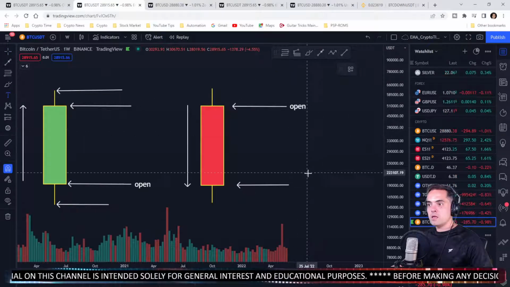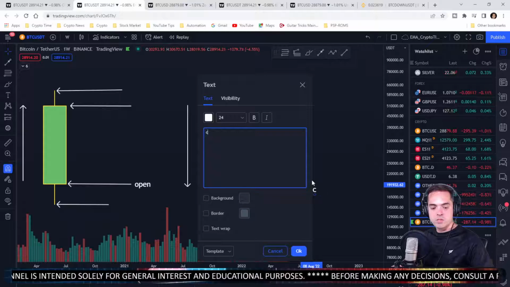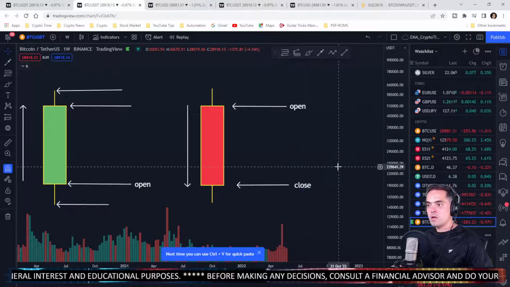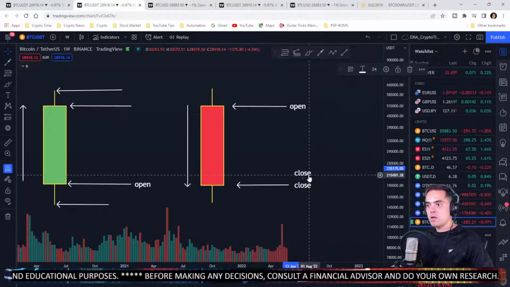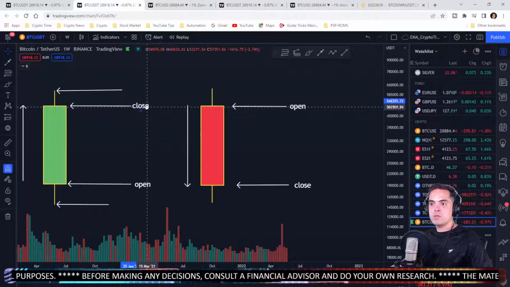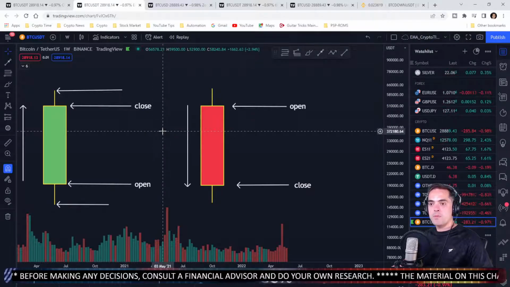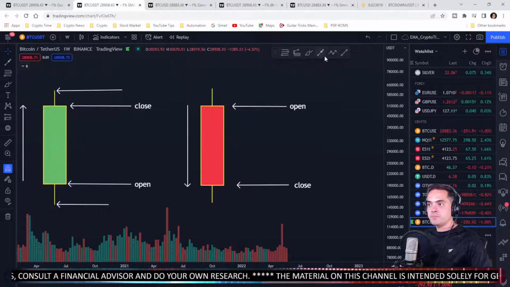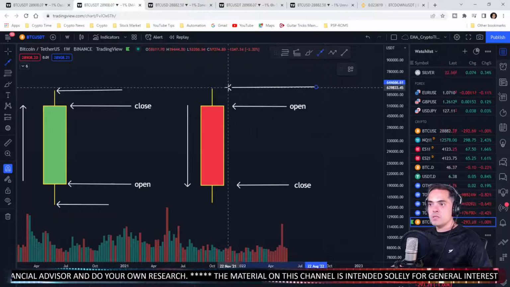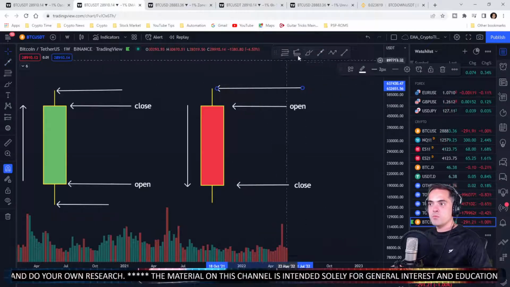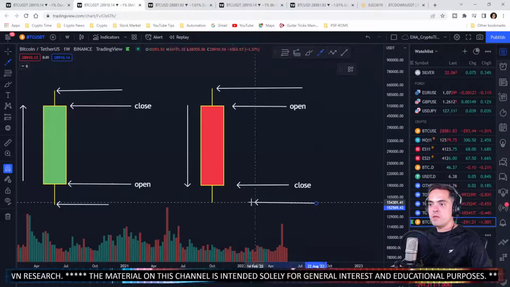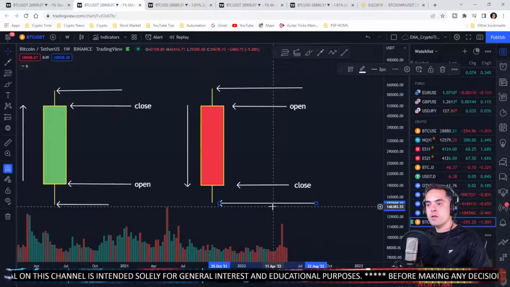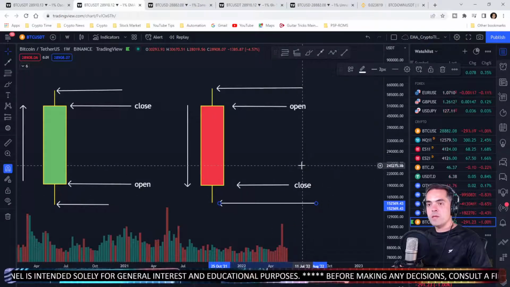And here we're gonna have the close level of a bearish candle, and here we're gonna have the close of a green candle. And once again, here we have the maximum price, and here we have the minimum price, and that works the same for the green as well as for the red candle.